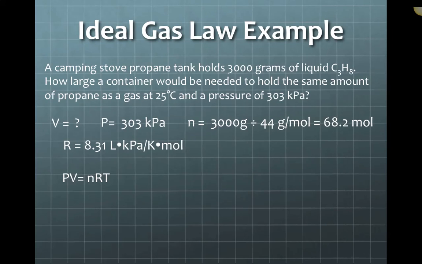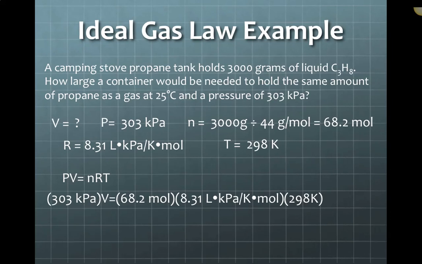I chose the 8.31 liter kilopascals per Kelvin mole because my pressure is in kilopascals. So this way those units are going to cancel. And then the last thing that I need is a temperature. And the temperature is 25 degrees Celsius, which is 298 Kelvin.